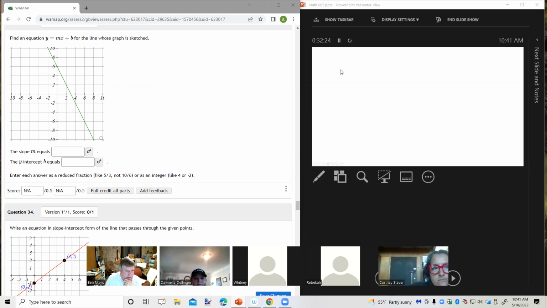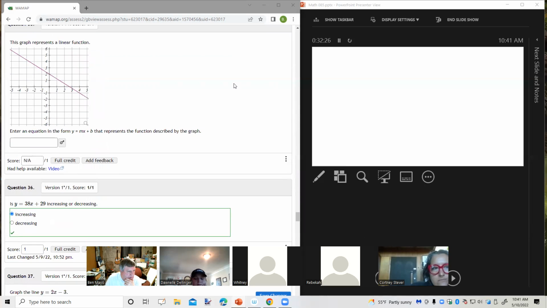All right. Next on the request was 35. Basically the exact same thing. So I can see that there's a nice point right there and a nice point right there. So I'm going to go down 1, 2, 3 and over 1, 2, 3, 4. So the slope is -3/4.